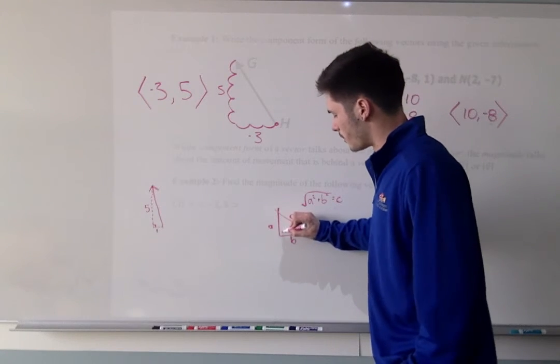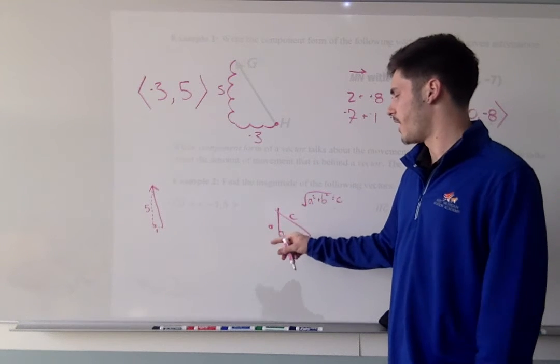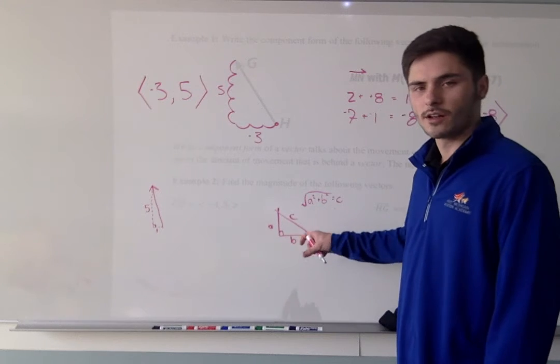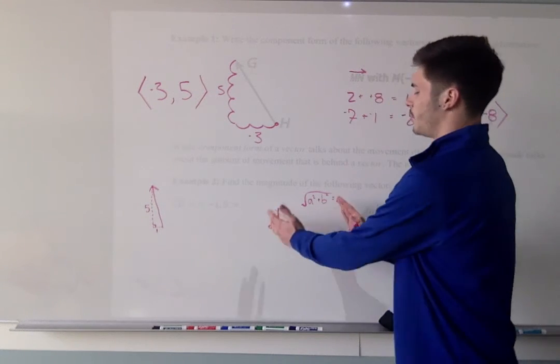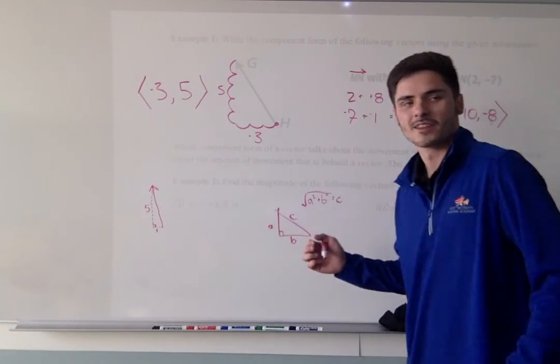And this is for right triangles, right? But there's not anything specific that has to be the case with side length A or B. So why don't we just take this property and move it over here, right?